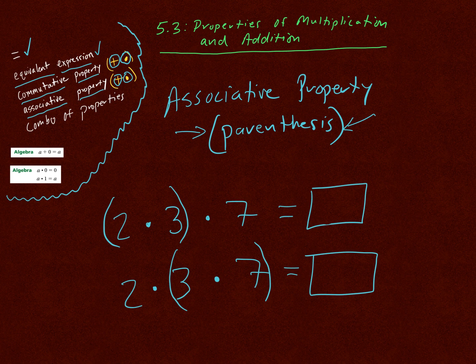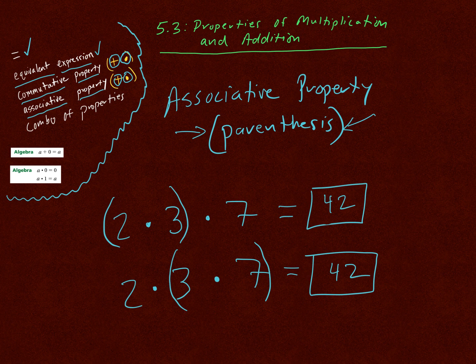So inside parentheses first, 2 times 3 gives me 6. 6 times 7 gives me 42. If I go to the bottom, inside parentheses first, 3 times 7 is 21. 21 times 2 is also 42.